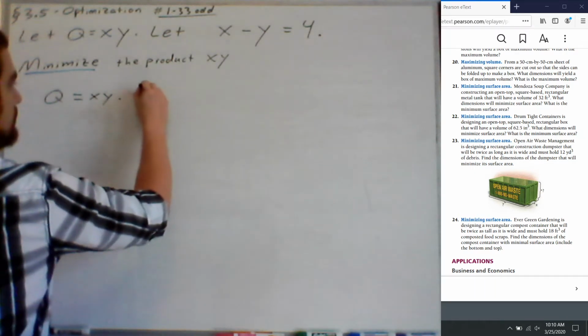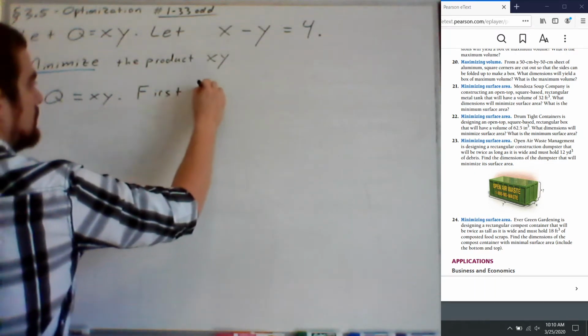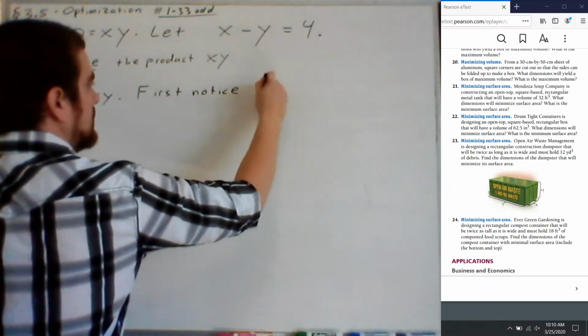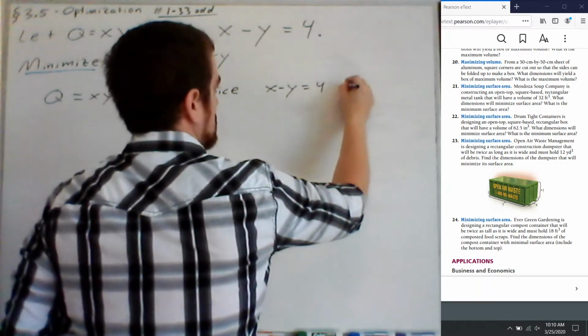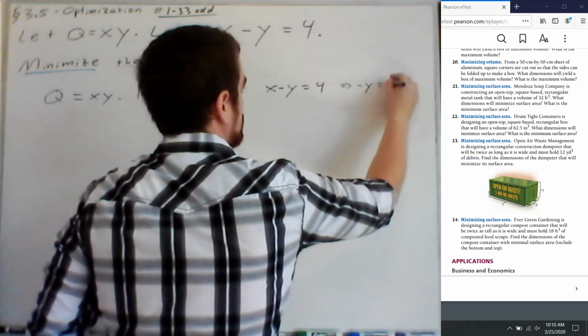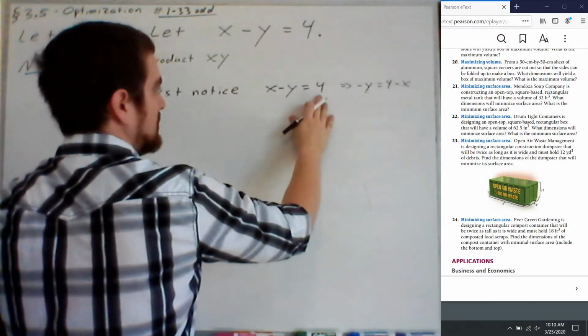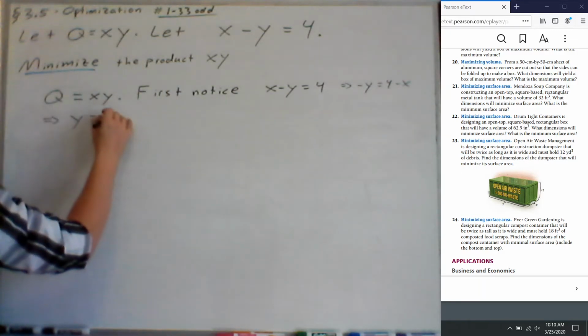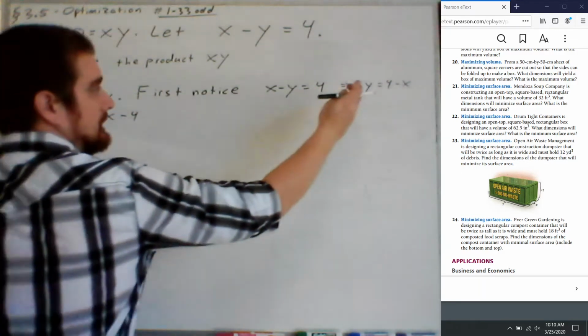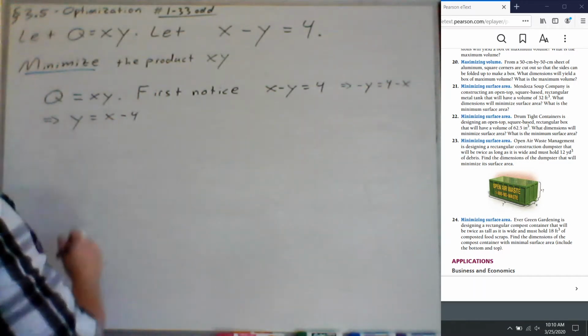So again, first, notice our constraint, X minus Y is 4, which means negative Y is 4 minus X, if I subtract X on both sides, which means positive Y is, I'm going to swap those around, negative 4 plus x, which is x minus 4.